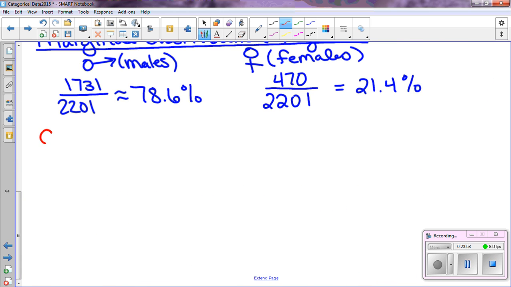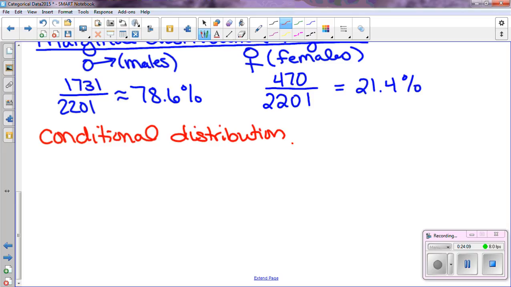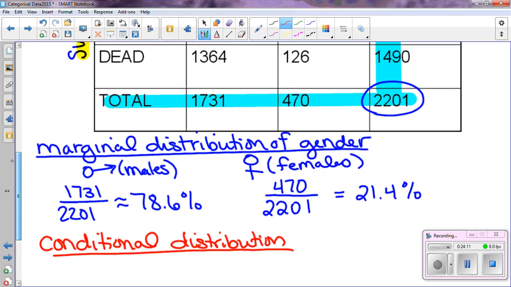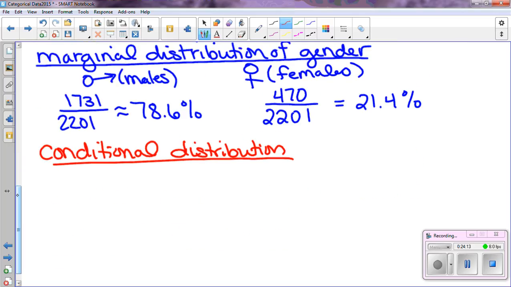So let's figure out the difference. What would a conditional distribution be like? Well, a marginal distribution, we're only working in the margins. A conditional distribution of gender, for, we'll say of gender, and we'll say alive or dead, it's fine.